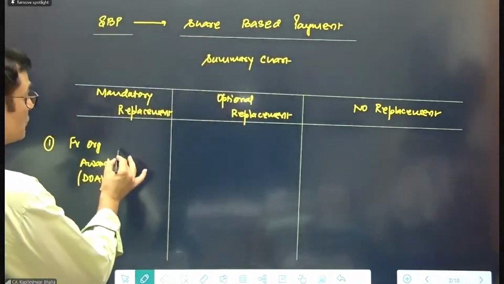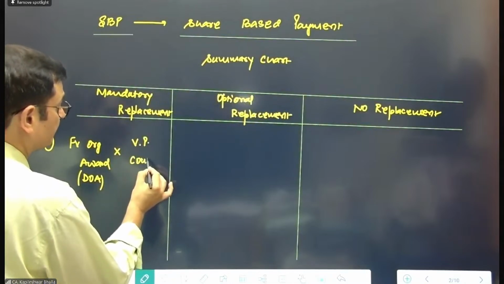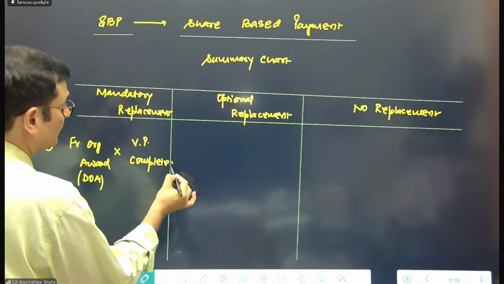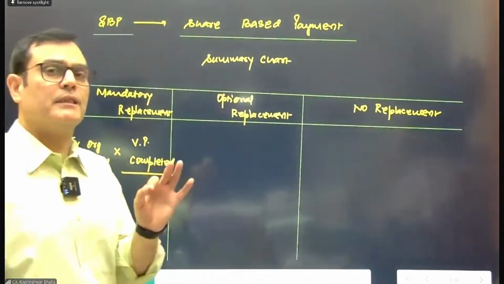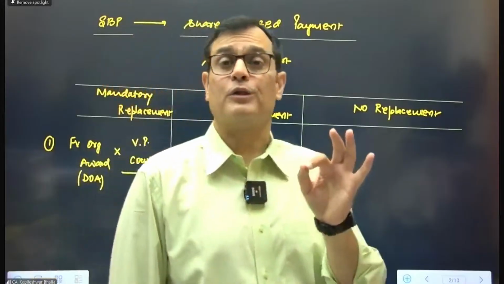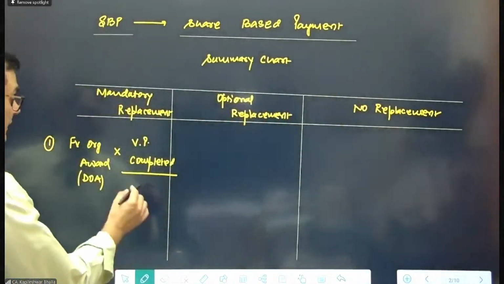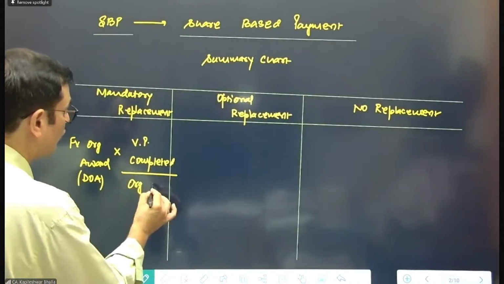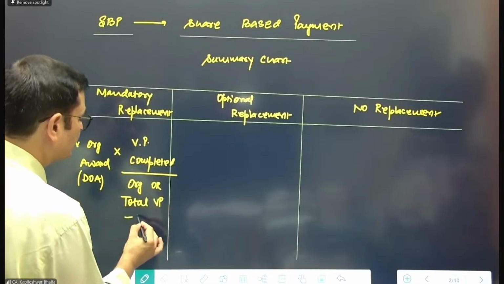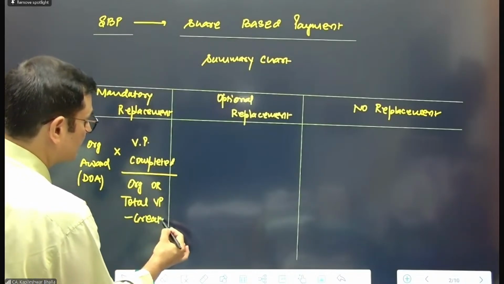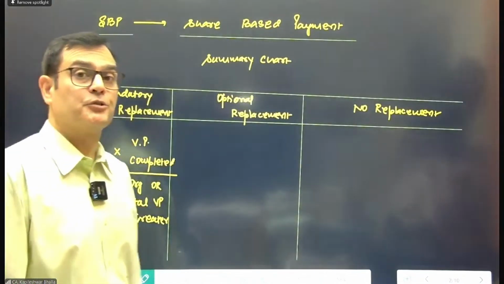In the numerator, we consider the vesting period completed, and in the denominator, we consider the original or total vesting period, whichever is greater. So this is the proportion of the fair value which is considered a part of the purchase consideration.